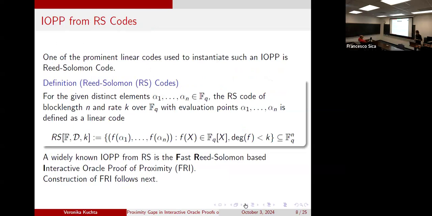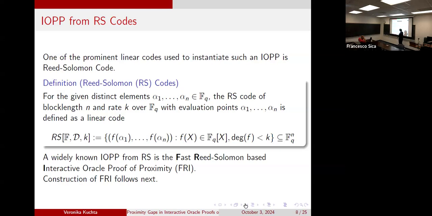I already talked about Reed-Solomon codes; it was also in the title of my talk. One of the prominent linear codes used to instantiate such an IOPP is the Reed-Solomon code, which is defined as follows.